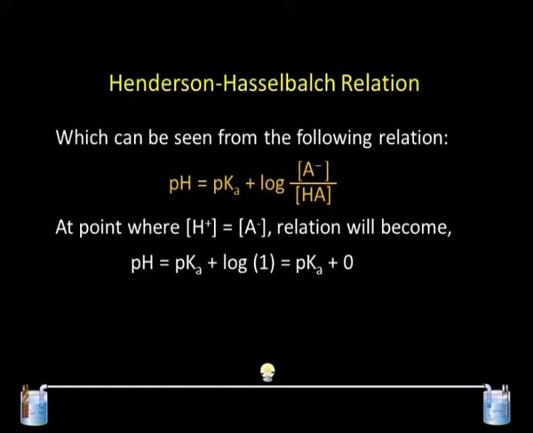That is because A minus is equal to H plus, and pKa plus 0, we can write that at this point pH will be equal to pKa.